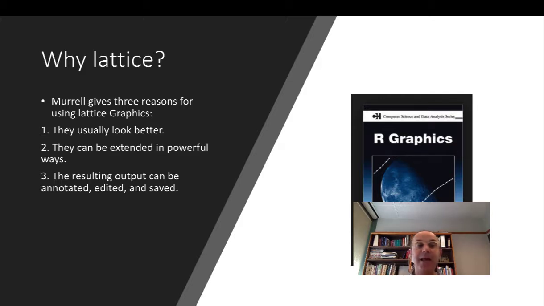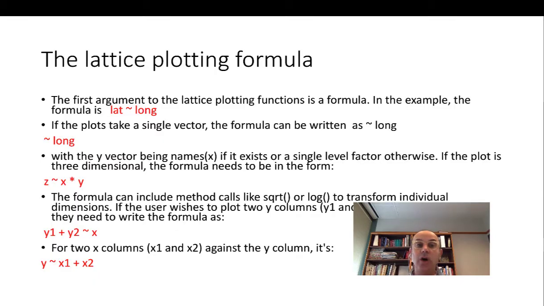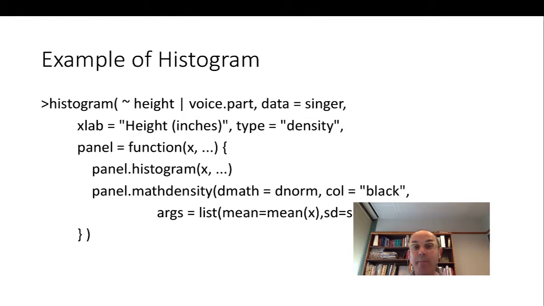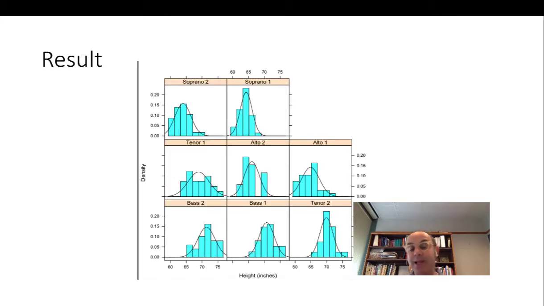They can extend in a powerful way, and the resulting output can be edited and saved later. So again, this is the formula that I lay out for you step by step, how to apply the formula that is part of the package in R in order for you to generate that, and to get something like that.